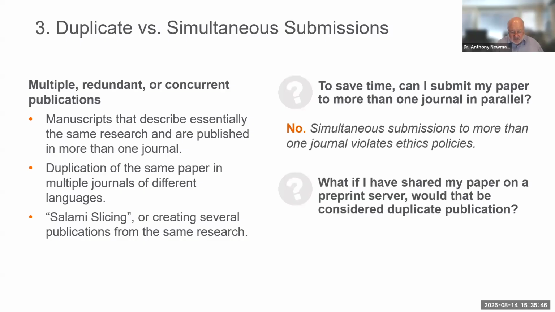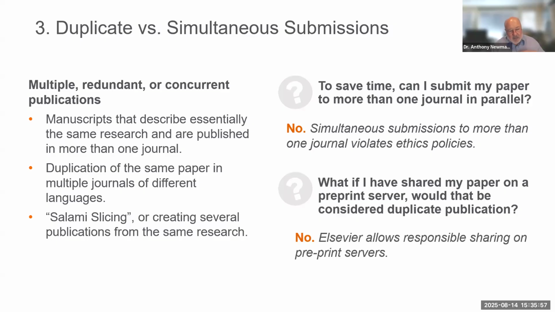Preprint servers I talked about in the last talk, but basically a preprint server is not a publication, it is posting. So therefore you can easily post something and then submit it to a journal.